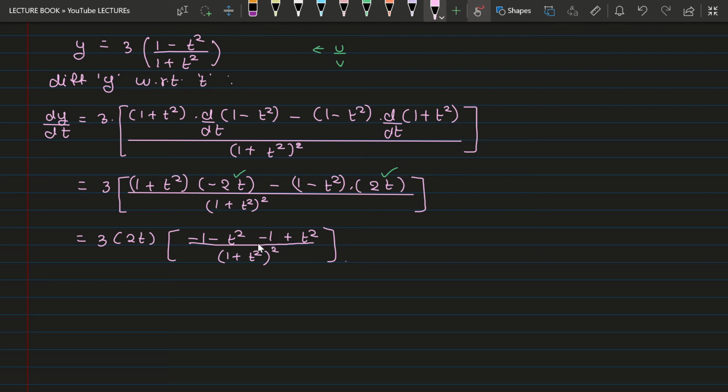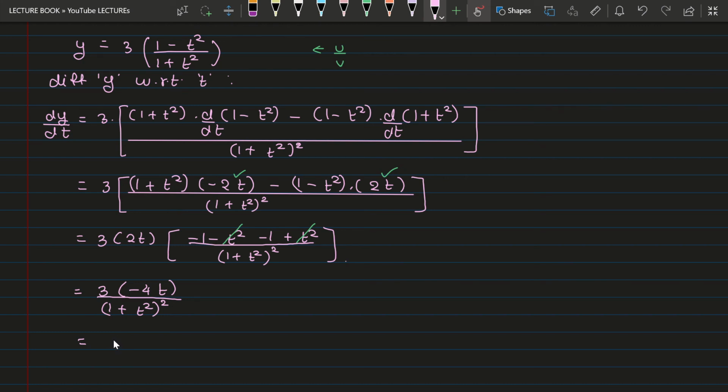So if you see that, guys, positive and negative t square elements will get cancelled off, and I will get minus 1 which is minus 2. So that is 3 into minus 4t divided by 1 plus t square the whole square. Minus 1 into minus 1 was minus 2 multiplied by 2, that gave me minus 4t. Now students, once again I have to adjust these terms a little bit because we require the answer in terms of x and y.